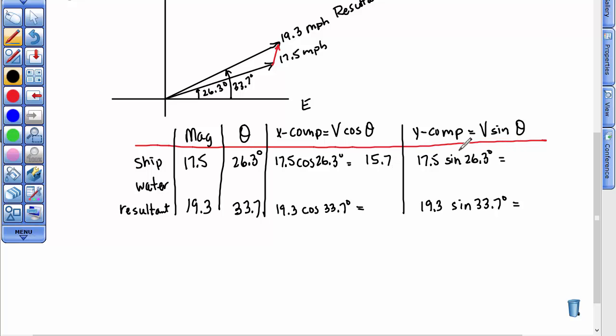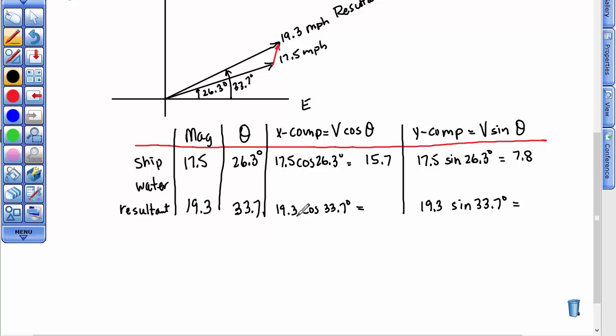By taking 17.5 times the sine of 26.3 degrees, I got the magnitude of the ship's bearing to be 7.8 miles per hour in a northerly direction. So that's its y component. So the 15.7 and the 7.8 make up this 17 right here that's at an angle of 26 degrees.